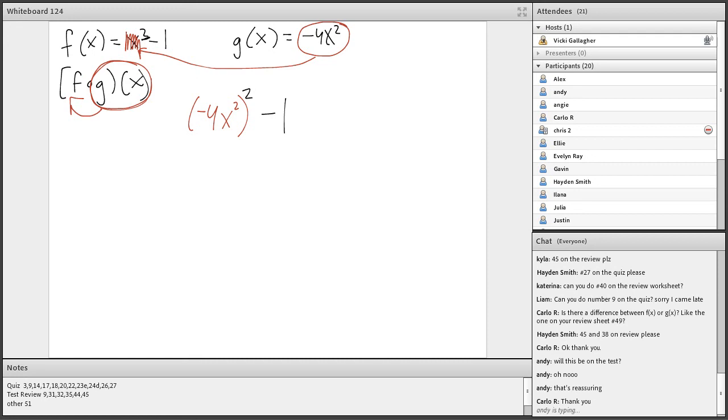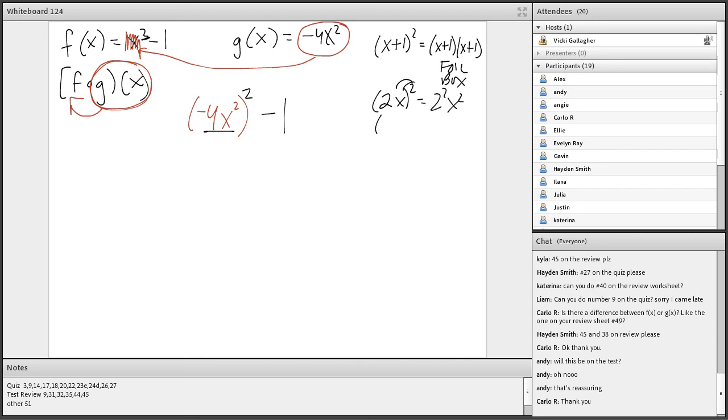This is not an adding or subtracting problem being squared. When you have an adding or subtracting problem that's being squared, you have to write it twice and FOIL or box. If it's not an adding or subtracting problem, then you can just distribute the square.